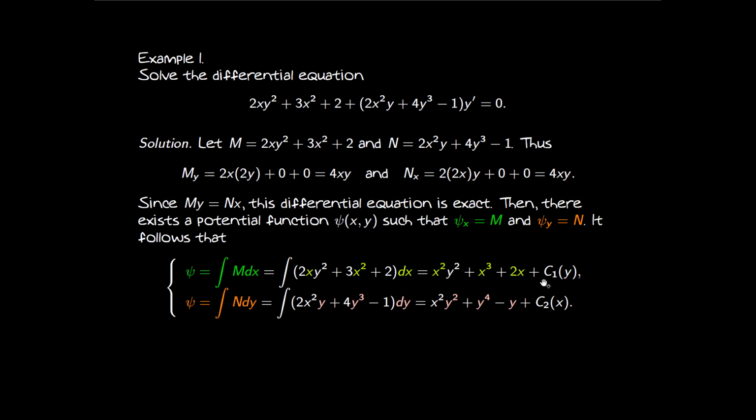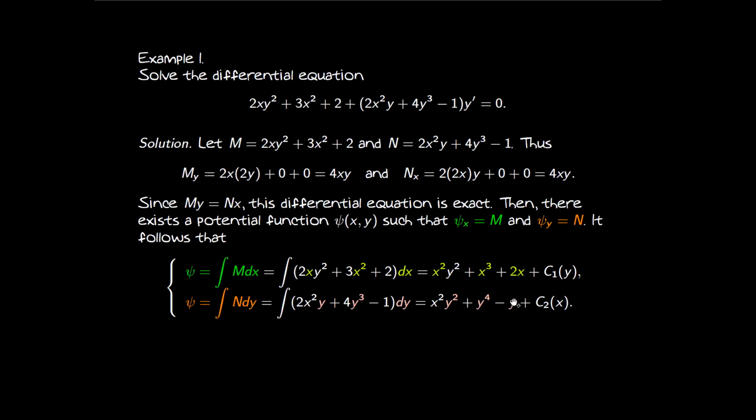Actually, if you have a second look at these two expressions, you'll understand why these constant terms could be functions. For example, we have a couple of terms here, which are not observed in the second equation, right? It's just because these x terms are actually included in the C2(x).